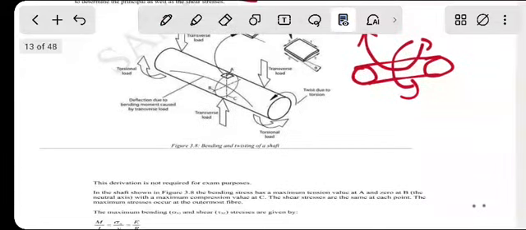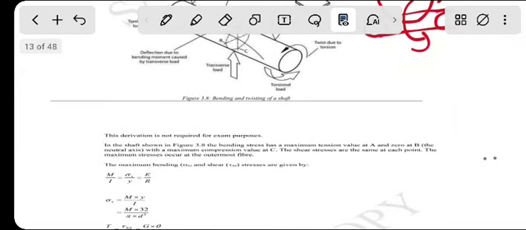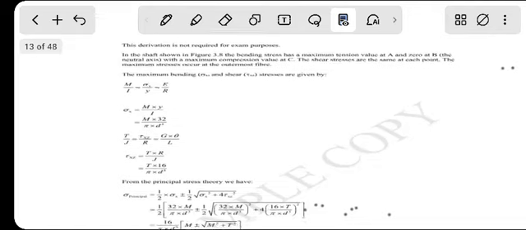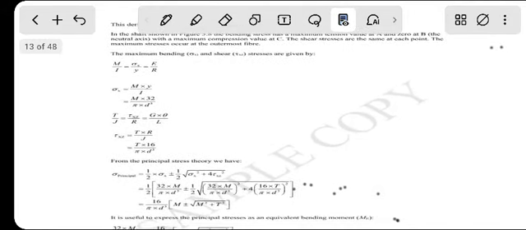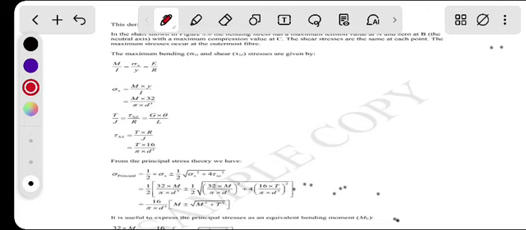So we'll be looking at those when they act simultaneously like that. The maximum bending stress and the maximum shear stress are given by the following.